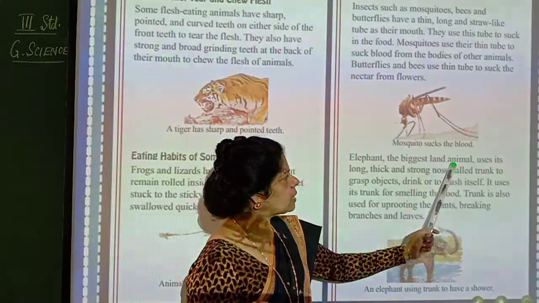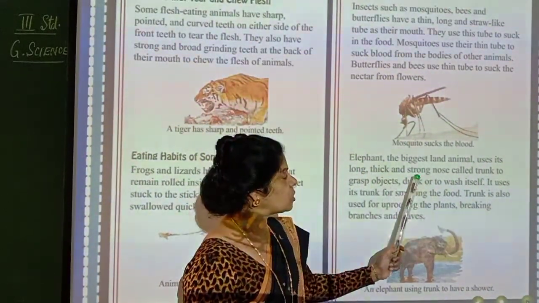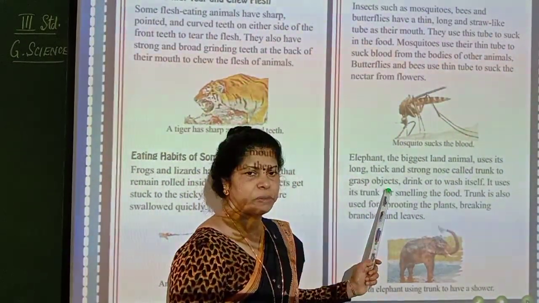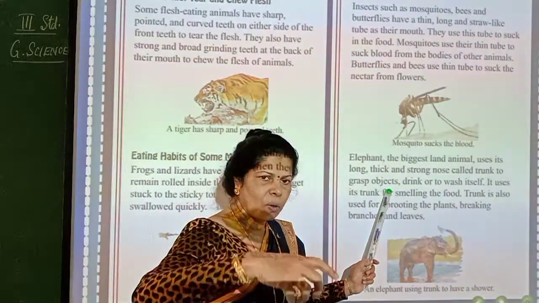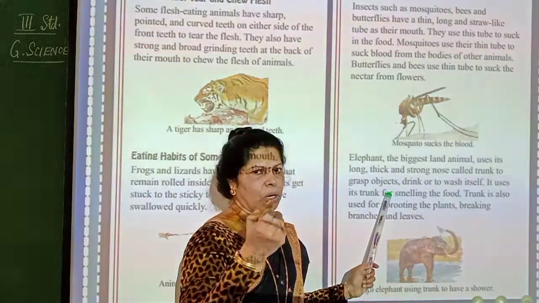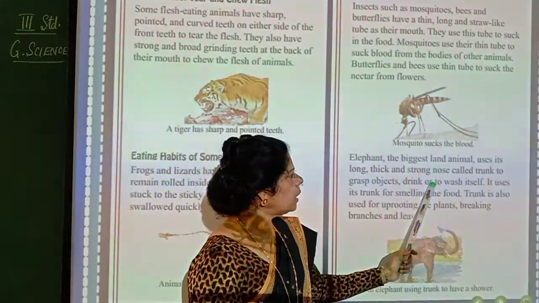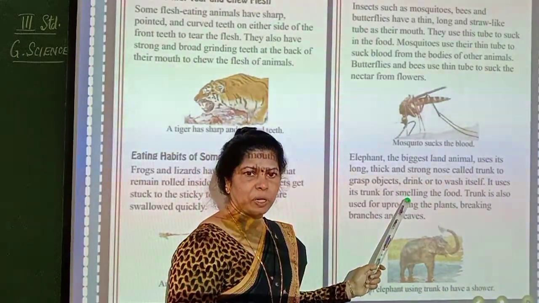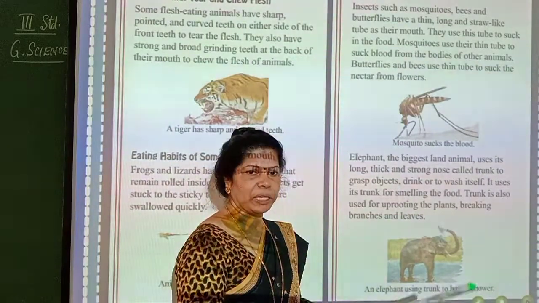So the elephant, the biggest land animal, uses its long, thick and strong nose called trunk to grasp objects. If it sees any object, what does it do? It uses its trunk to hold it. Drink. If it wants to drink water, you can see it goes near the river. You would have seen herds of elephants going near the rivers.